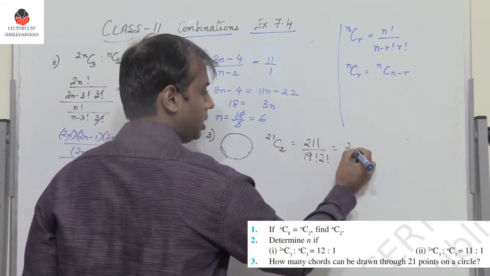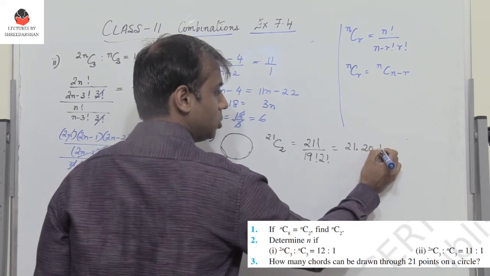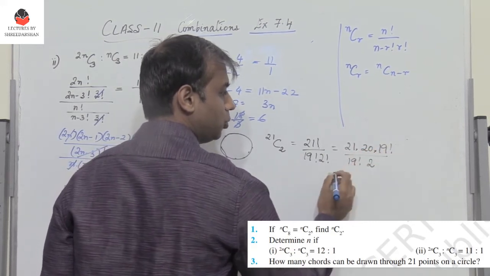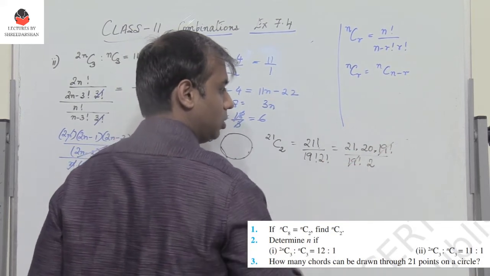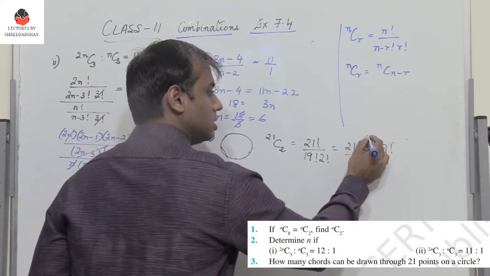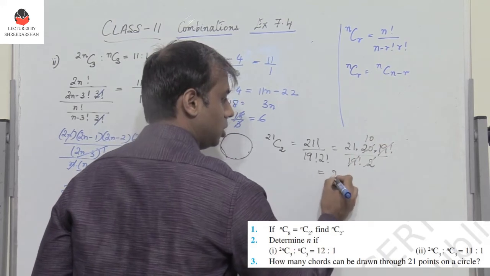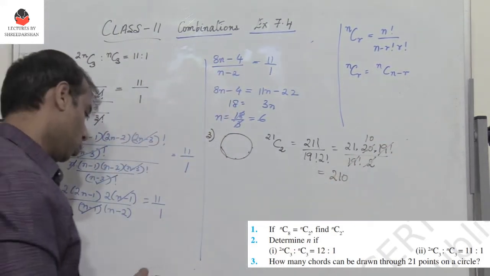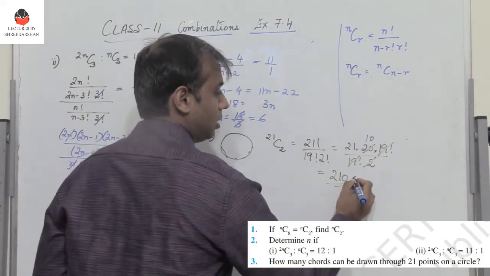So this is 21 into 20 into 19 factorial divided by 19 factorial into 2 factorial, which is 2. So 19 factorial gets cancelled. Tens are, so this is 210. So we need to find the number of chords. So 210 chords.